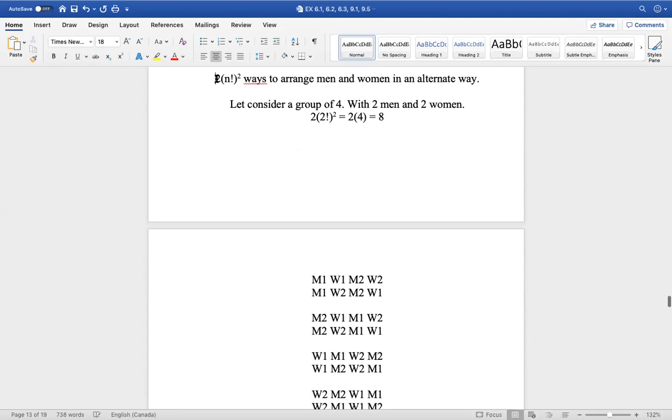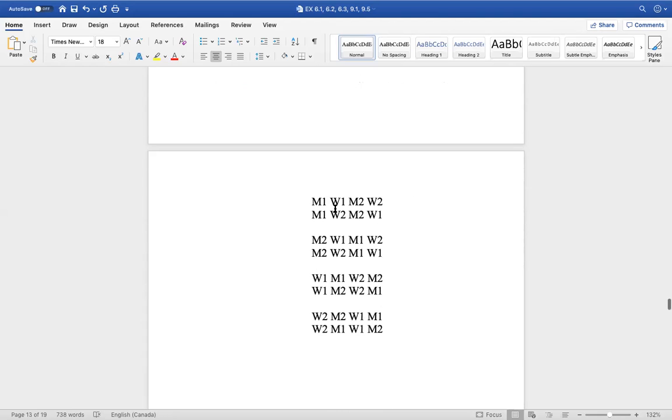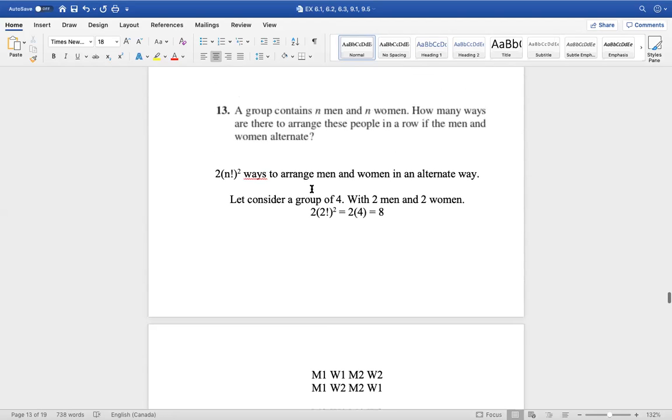If we plug into this equation, we can figure out the number of sequences for alternating men and women.